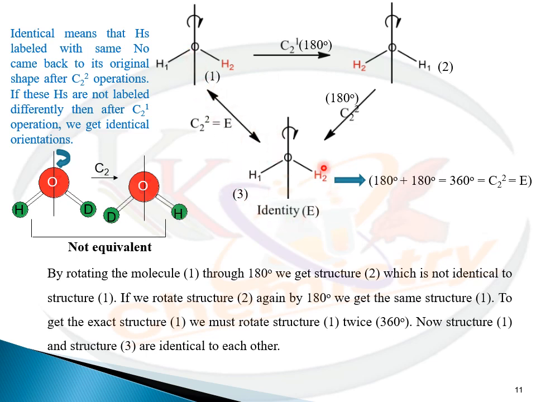Now these two are superimposable on each other and are identical. What we have told you here is that identical means the same hydrogens came back to their original positions. So identity exists in these molecular structures if we rotate the molecule by a 360 degree.